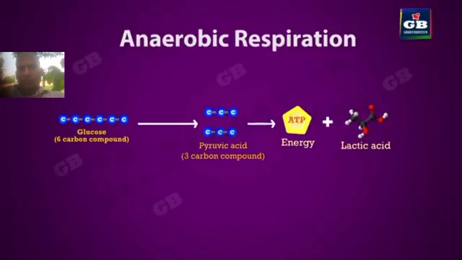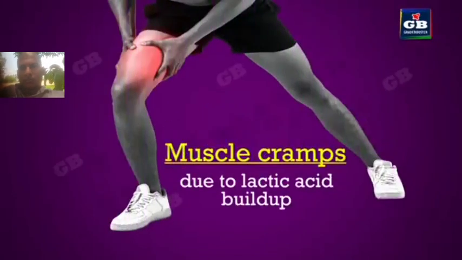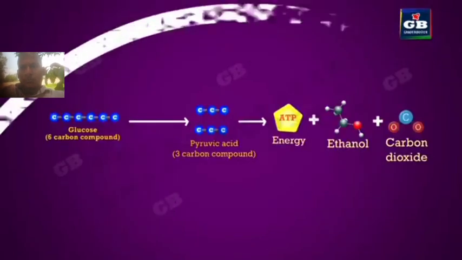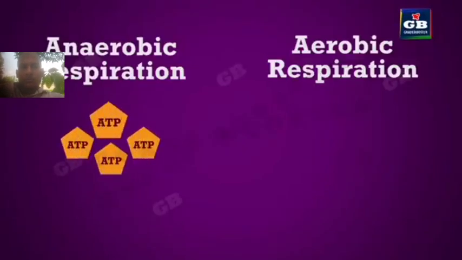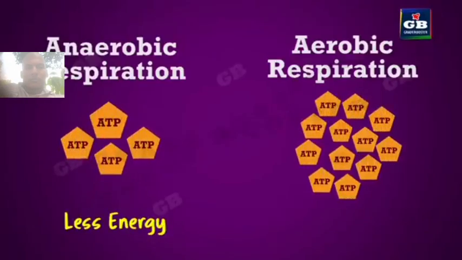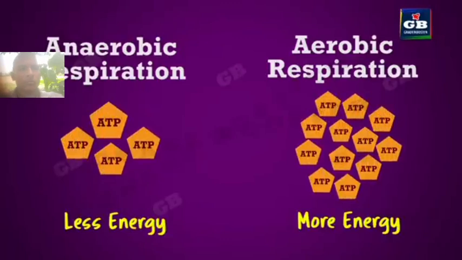The buildup of this lactic acid in the muscle tissue due to anaerobic respiration leads to muscle soreness or muscle pain. In organisms like yeast, during anaerobic respiration, pyruvic acid molecules are converted into ethanol. This process is called alcoholic fermentation. The energy that is released in aerobic respiration is greater than the energy released in anaerobic respiration.